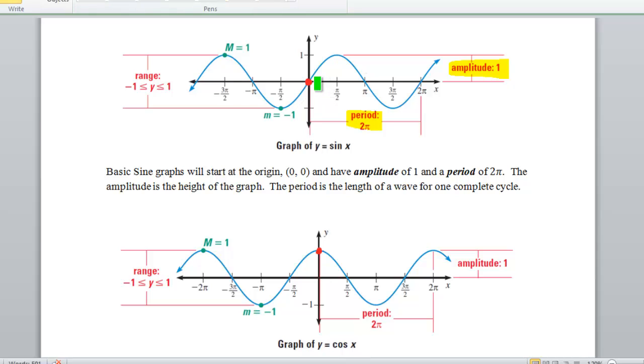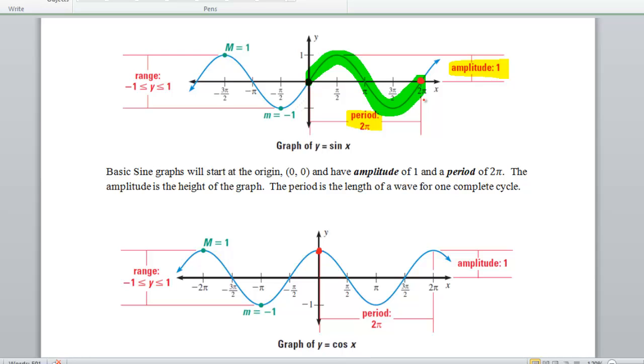And so what we mean by one cycle is it goes up, down, and back up, and gets back to the x-axis to start that up again over the course of 2 pi. And if you recall, 2 pi is actually how many radians it is around for a full circle.